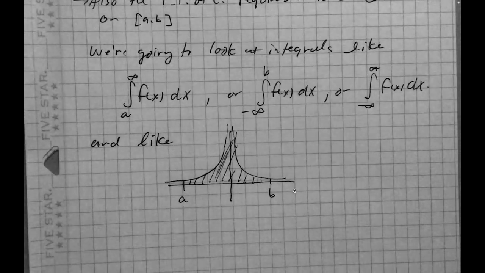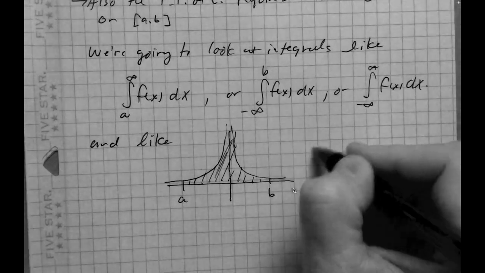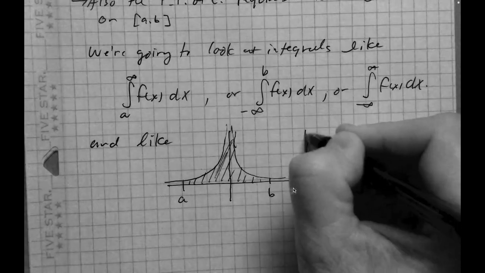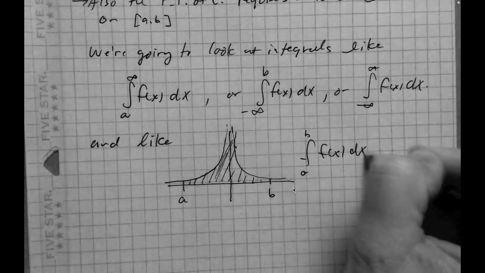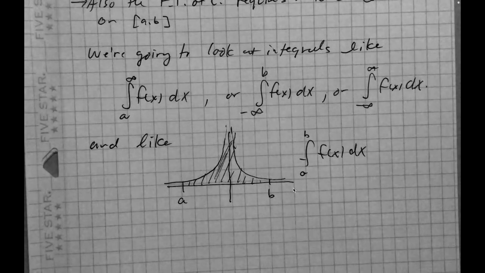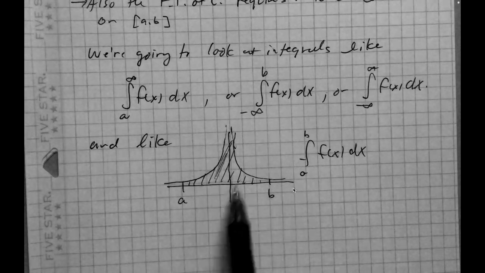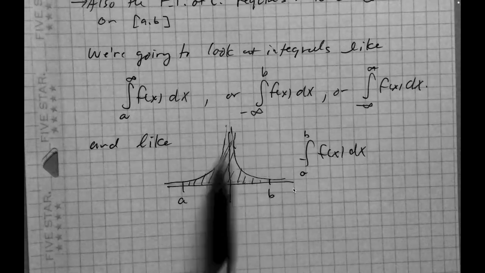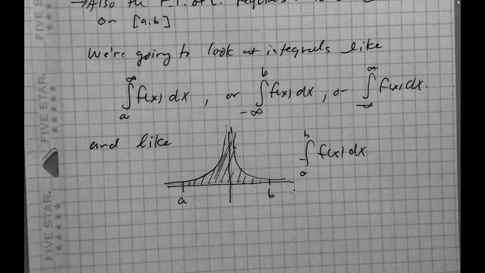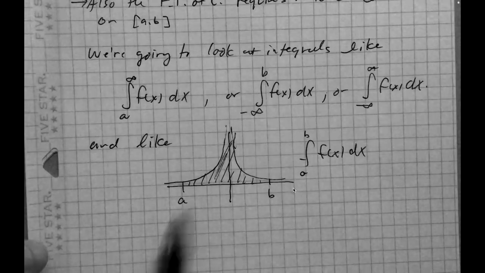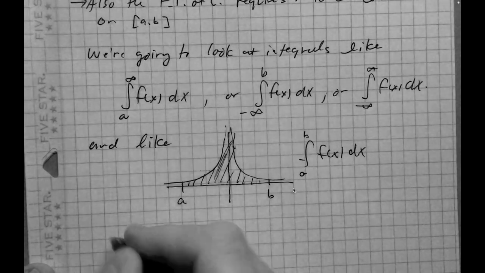How can we integrate a function like this, when you have an infinite discontinuity here? Normally we would say this is outside of what we can do, but thinking of it as an improper integral is going to introduce a range of techniques. This is what we mean when we say improper integral.